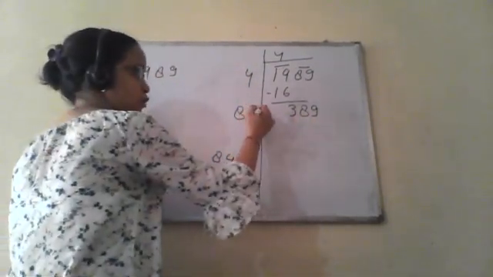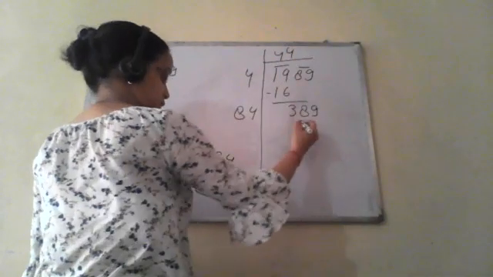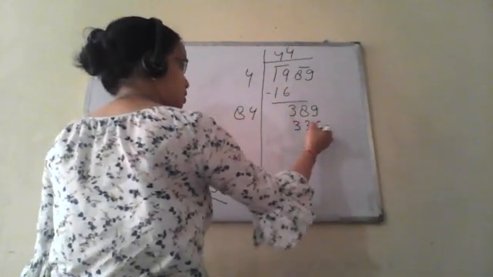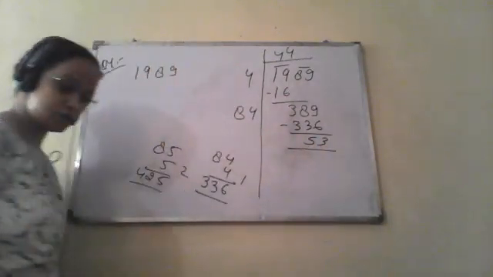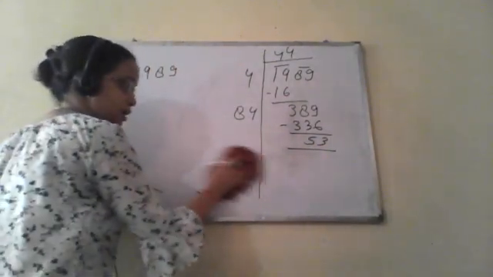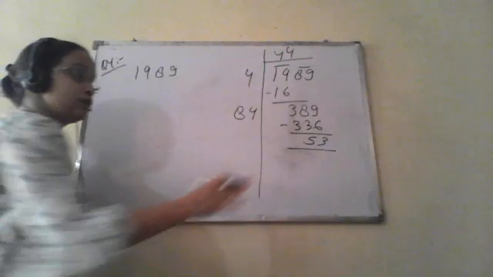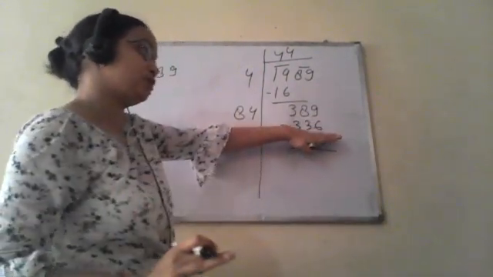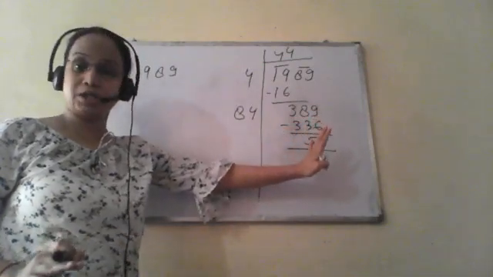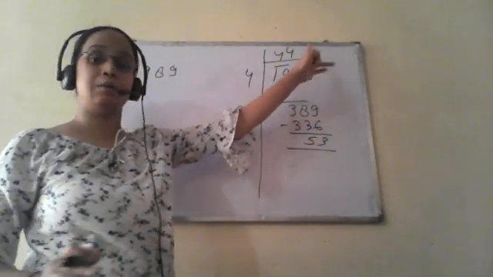That means we have to write 4 here and 4 here. This is 336, and we get 53 as the remainder. If we remove this remainder, the remainder will be 0, and that number will be a perfect square.